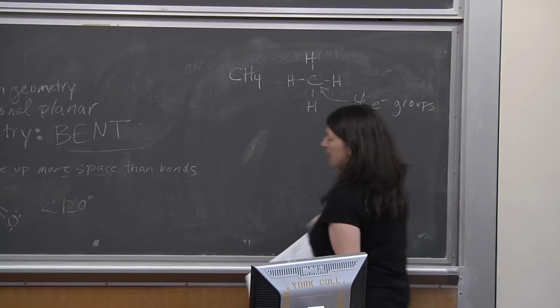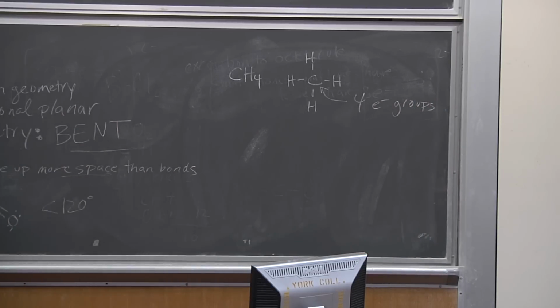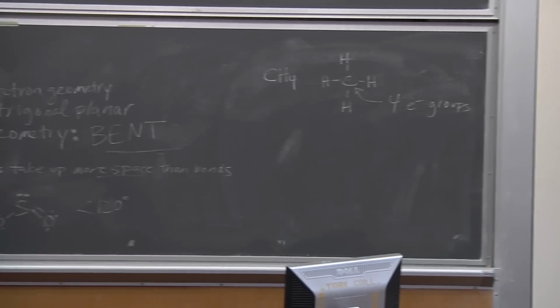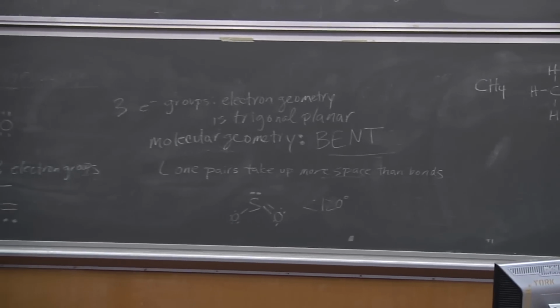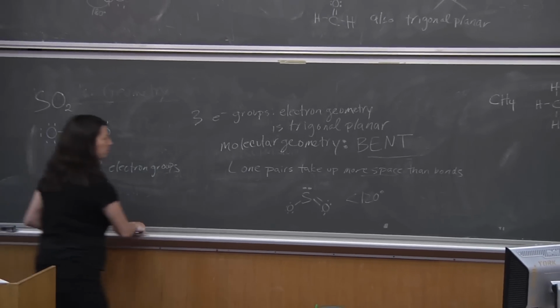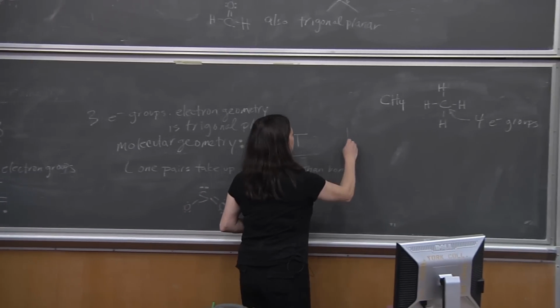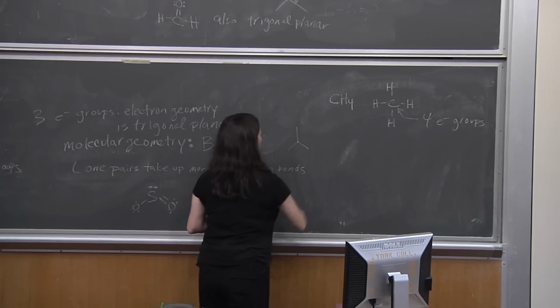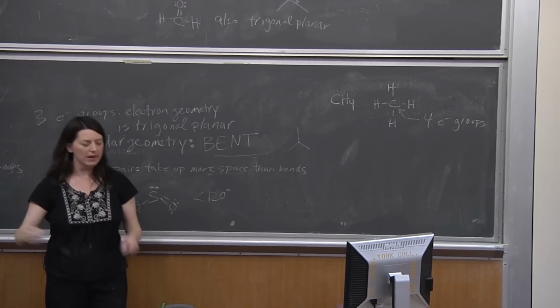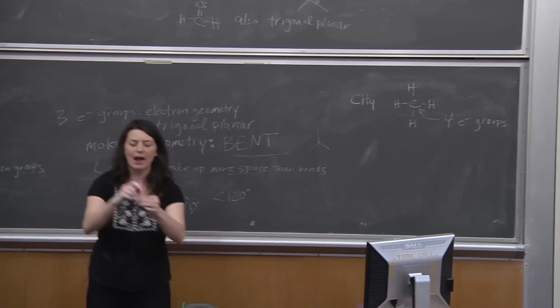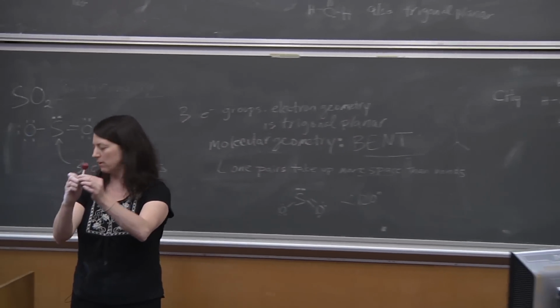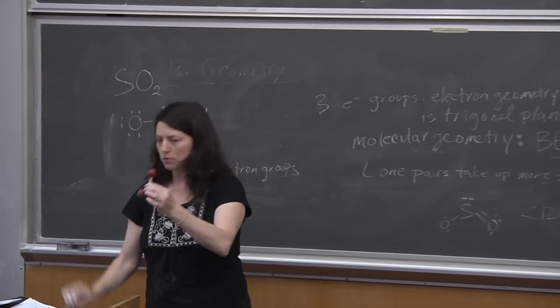4 electron groups. Now this one is a little harder to visualize. But if you start with that triangle, a shape like this, and you bring some electrons in from the side, imagine you have this flat thing right here and here come 2 more electrons.